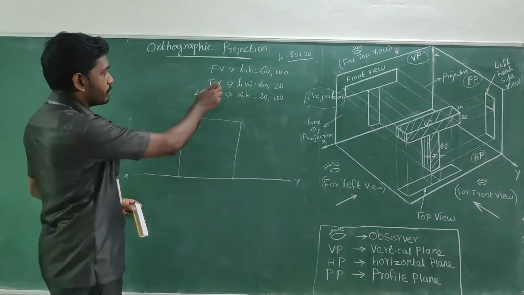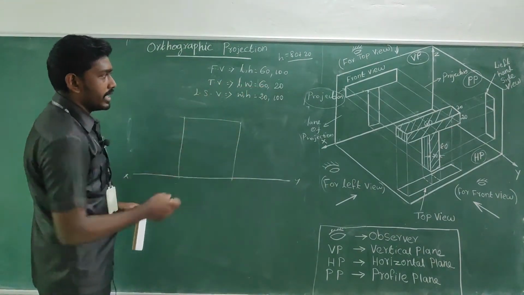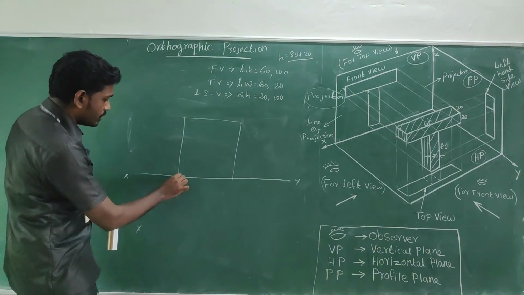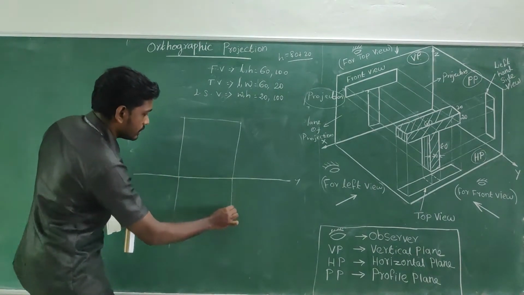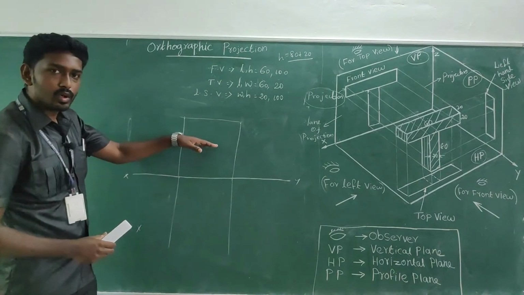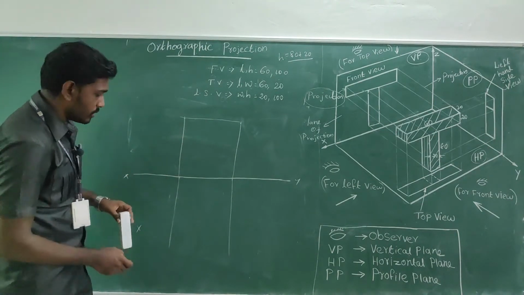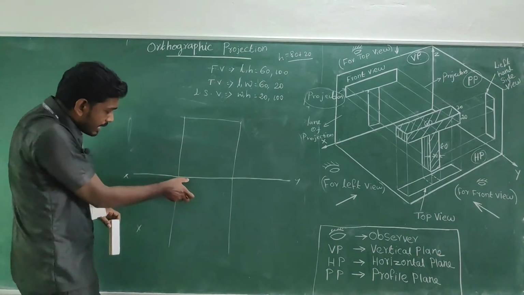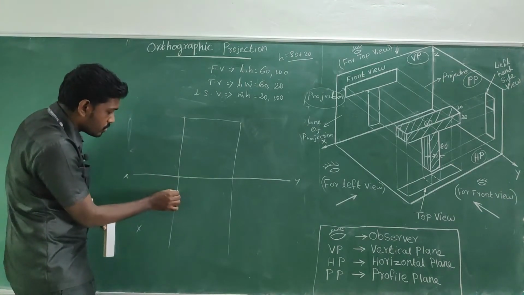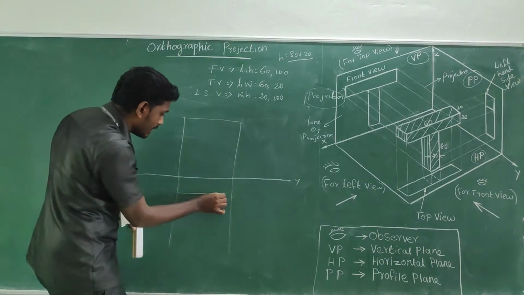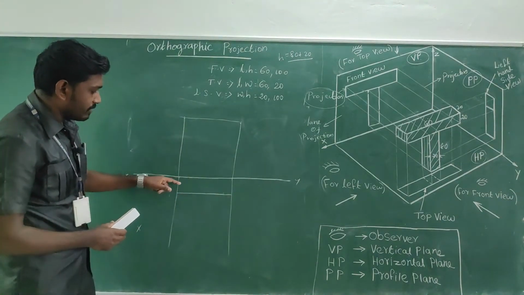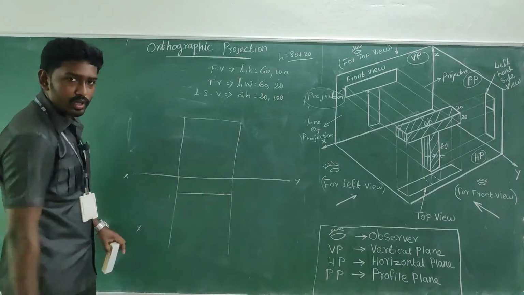And come to the top, 60, 20, right? Width is 20. So you can take the projectors from the front view and maintain equal gap. First line should be maintained with a 20 mm gap and have a horizontal line.